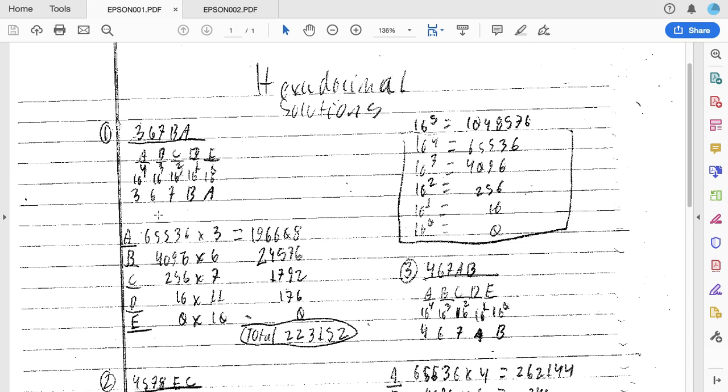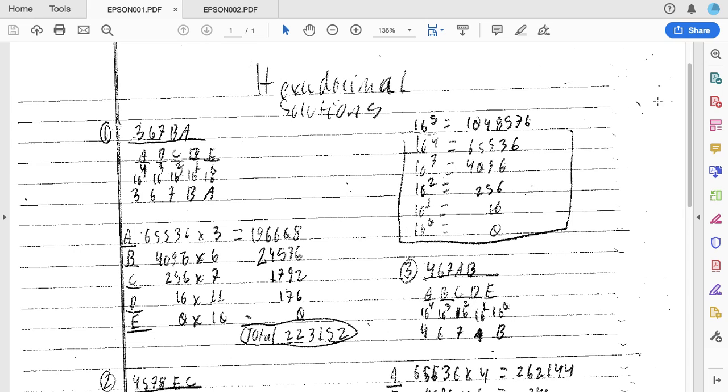You work your way down the line, 16 to the 3rd power times 6. Then you get the result for that, and you rinse, wash, and repeat for each number until you've finished every character. Once that happens, you take all of these numbers that you gathered, add them up, and down here is the result that you get.